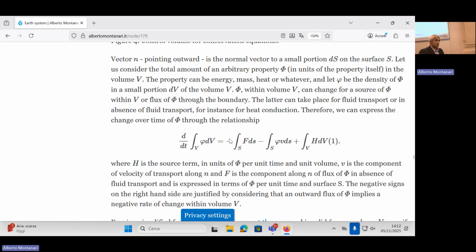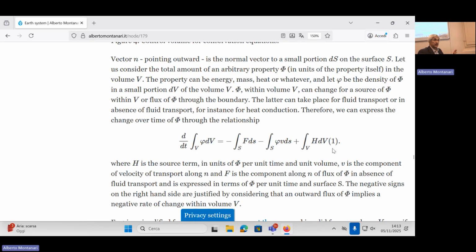And this first term on the left-hand side is the correspondence of dW over dt in the linear reservoir. It's a change in storage, okay? Perfect. Now, let's look at these components.